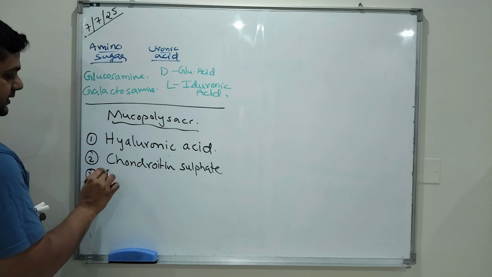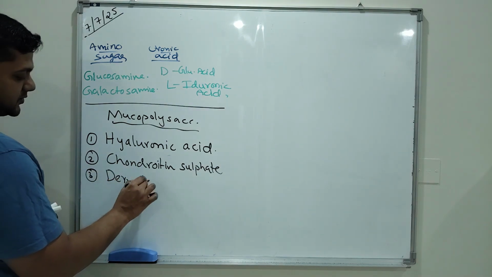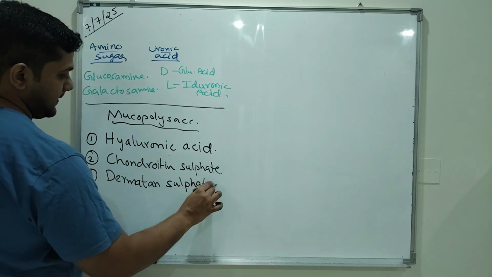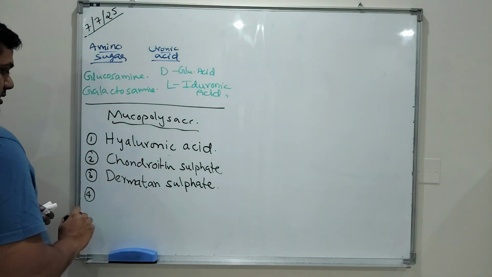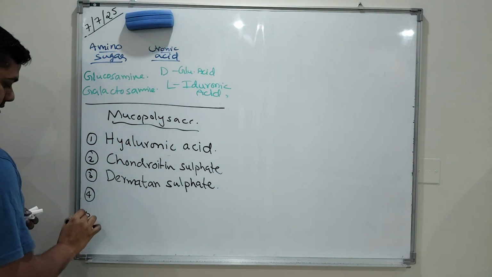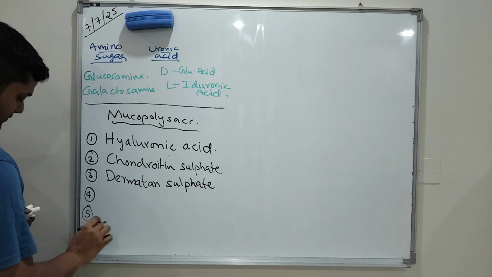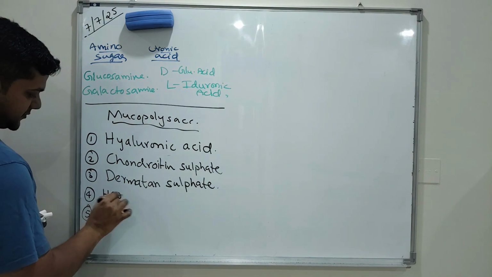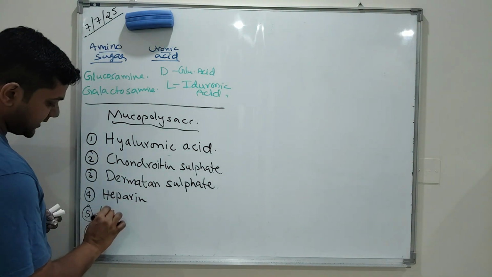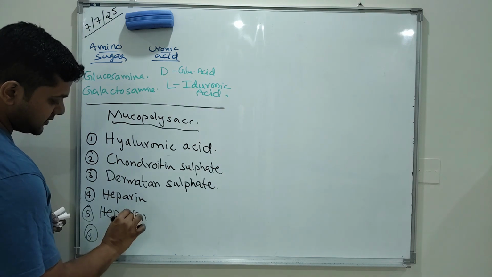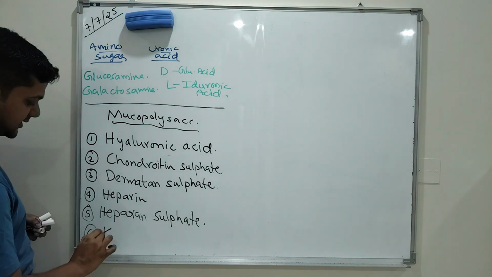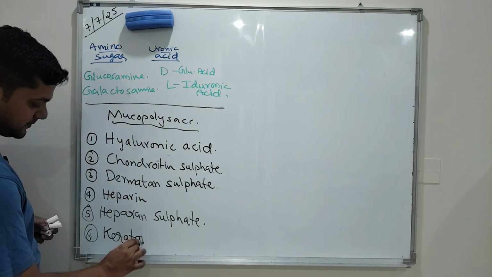The third is dermatan sulfate; as the name indicates, it is widely present in the skin. The next one is heparin, an anticoagulant you might already know from physiology. Heparan sulfate is the fifth, and the final one is keratan sulfate.